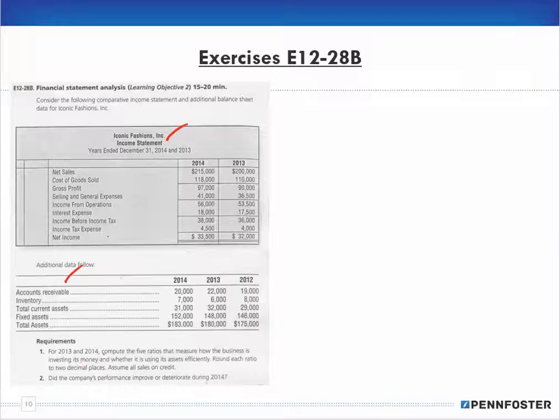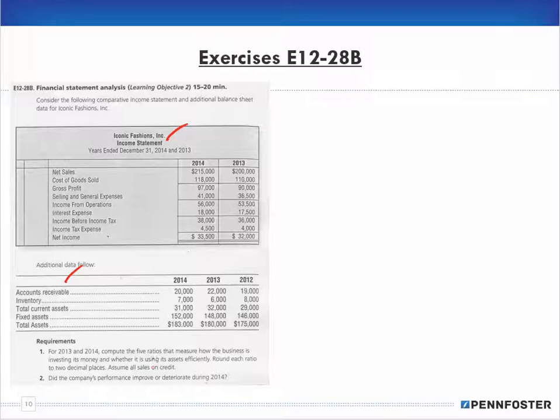For 2013 and 2014, compute the 5 ratios that measure how the business is investing its money and whether it is using its assets effectively. Round each ratio to 2 decimal places. Assume all sales are on credit. Did the company's performance improve or deteriorate during 2014?